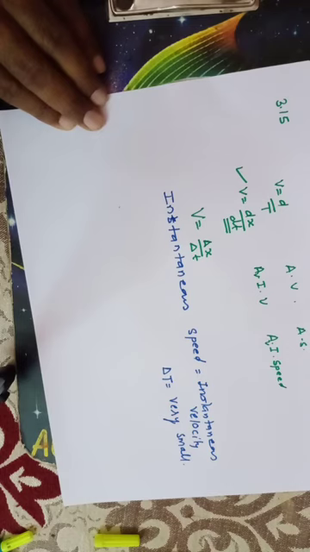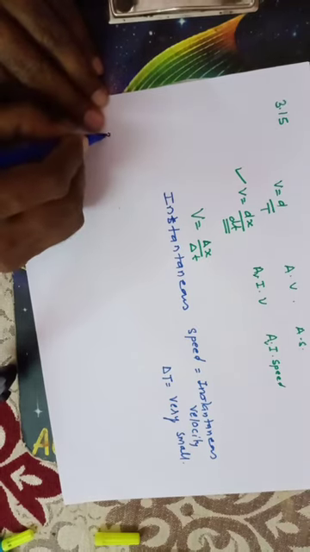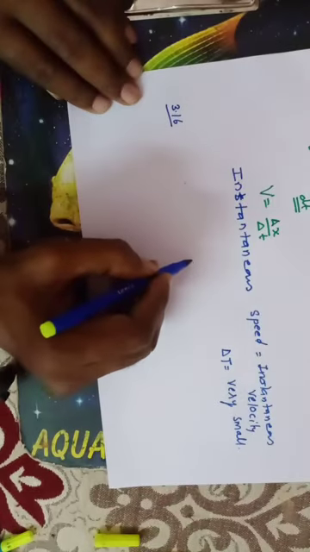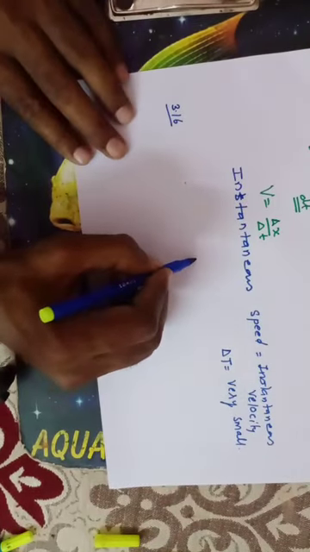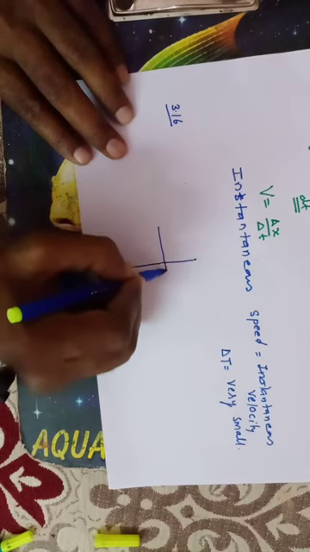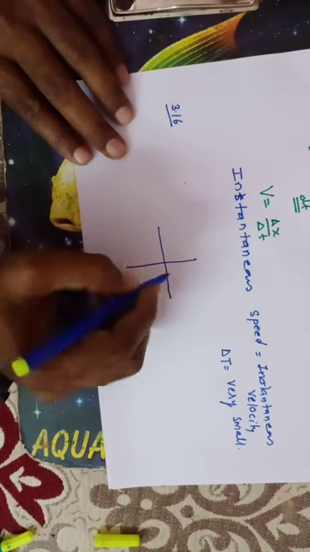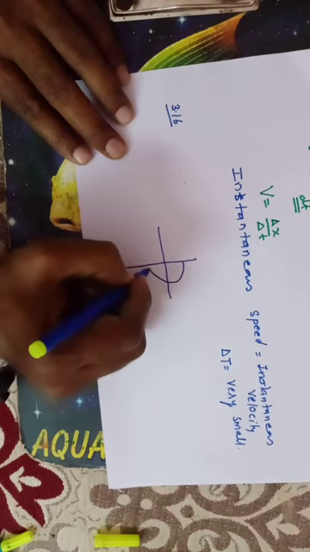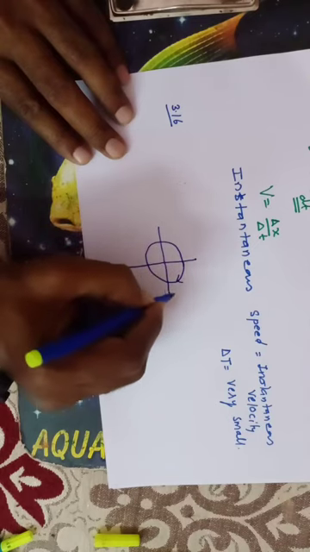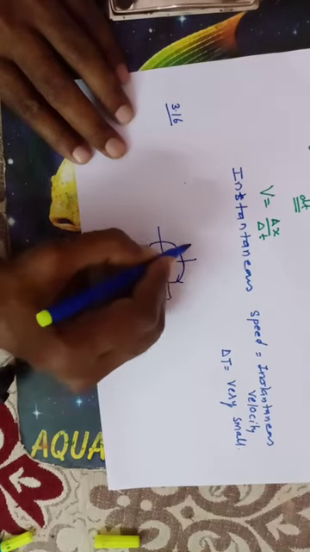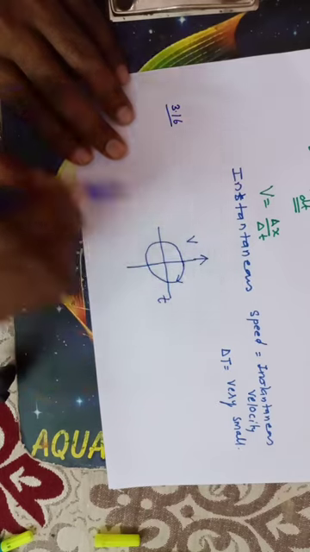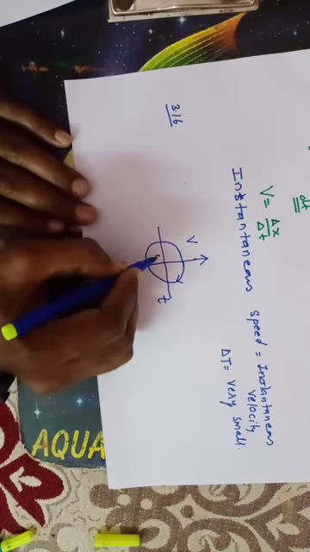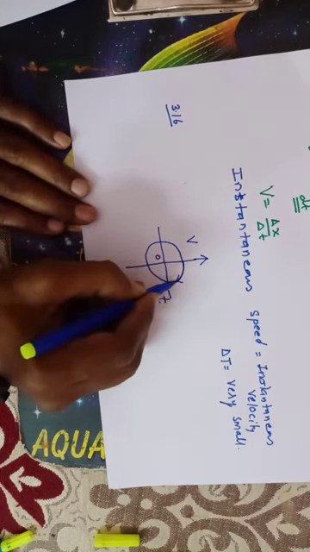Like this we have number of questions. One simple question again I am asking: is this graph possible? Here we have time and here we have velocity. Is this graph possible, where the particle is going like this?